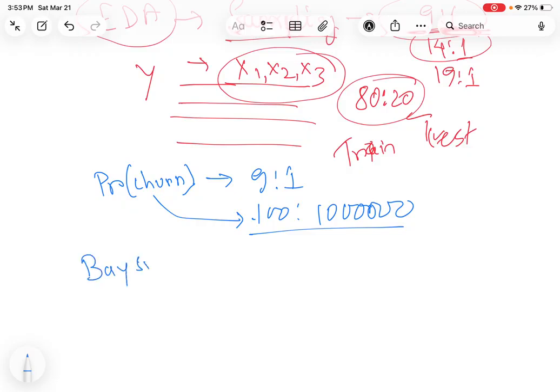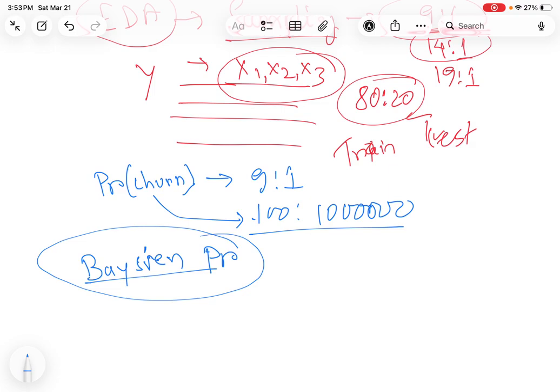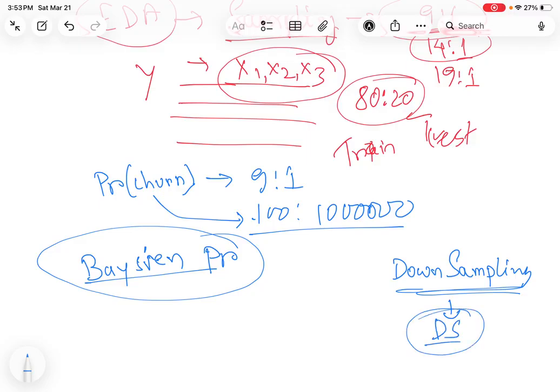How do you do it? It's called Bayesian probability, the conditional probability, which you will use to transfer the probability to the other probability. Then you'll get the same table that I showed you before. So this downsampling concept is pretty important from a data science perspective in these churn cases.